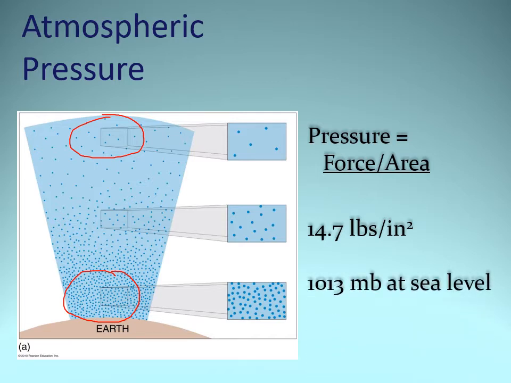We don't use pounds per square inch in meteorology, but we use millibars. A millibar is a unit of pressure, and the average pressure is 1013. Technically, it's 1013.25.